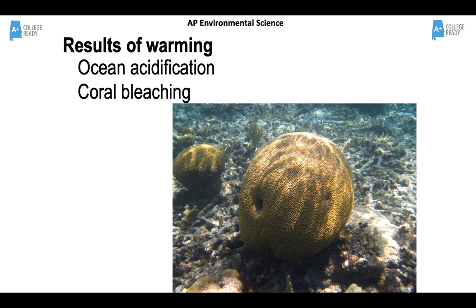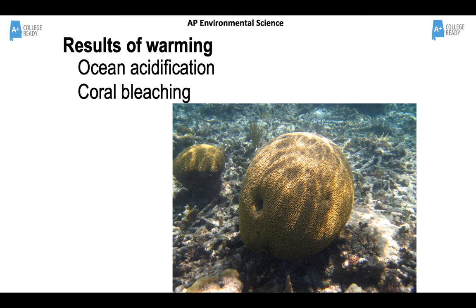And this is alarming. One of our most productive regions on Earth are our coral reefs. Corals are actually animals in the phylum Cnidaria that are soft-bodied animals, but they are able to secrete calcium carbonate shells for protection. And they live symbiotically with algae, and so they're very productive areas of the world's oceans.